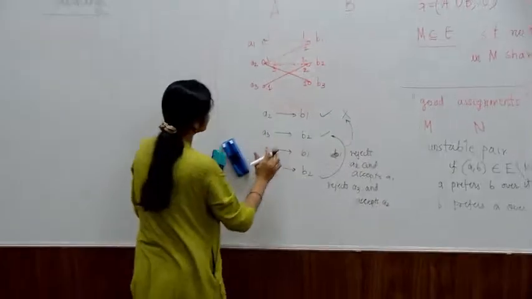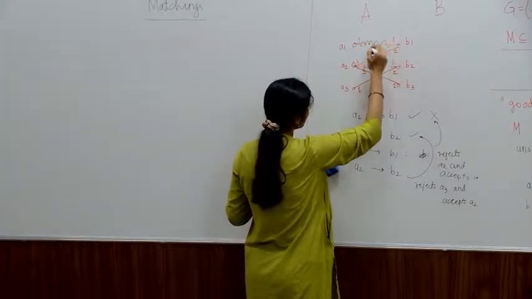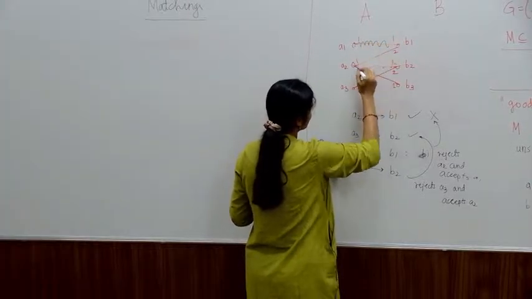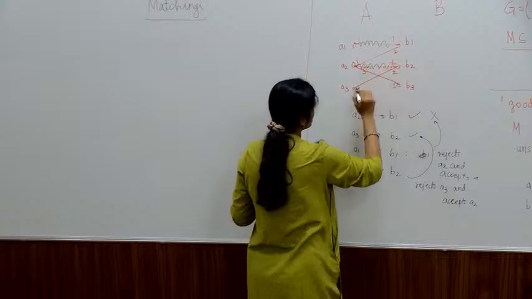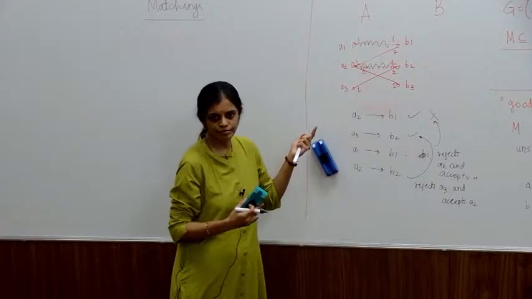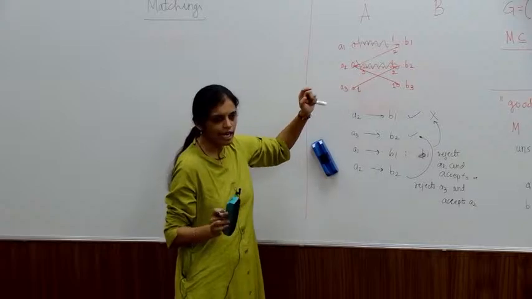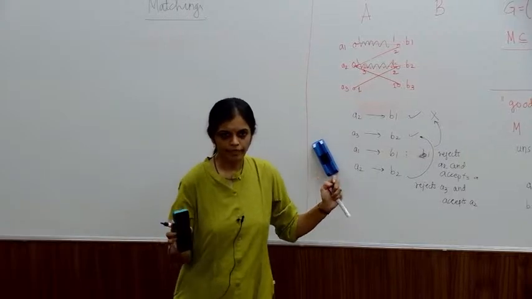So at this stage, what are the current tentative acceptances? A1 is assigned to B1, A2 is assigned to B2, A3 is unassigned, but is there anything else for A3 to do? There is nothing because it doesn't find anybody else acceptable, and so the algorithm terminates.